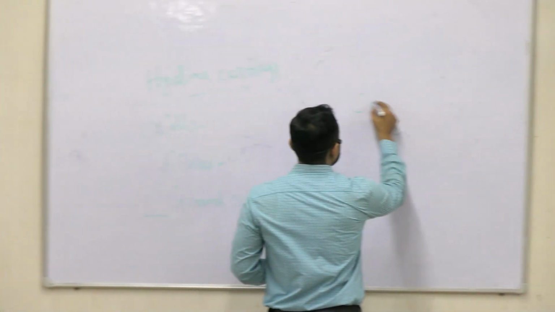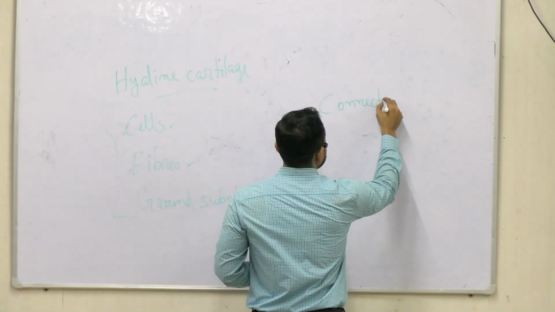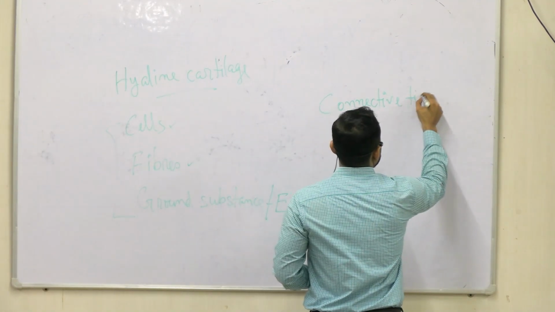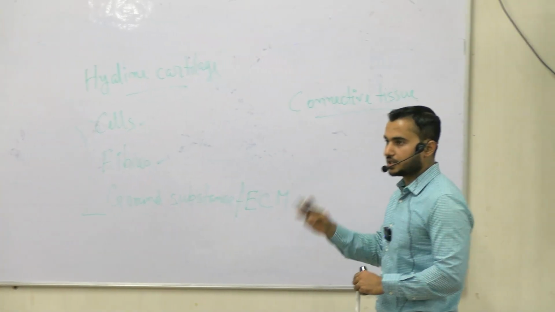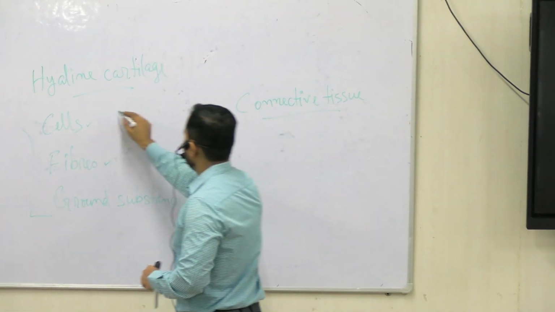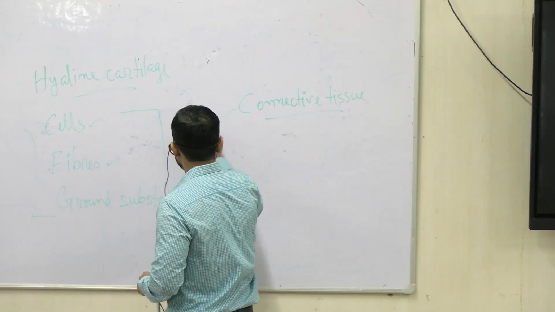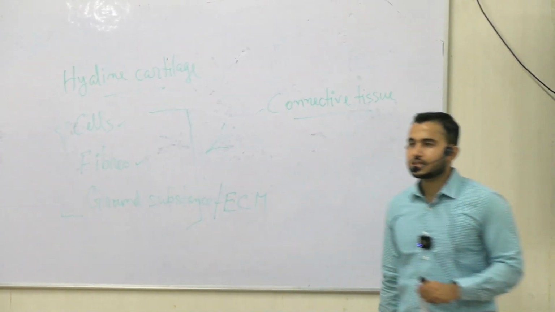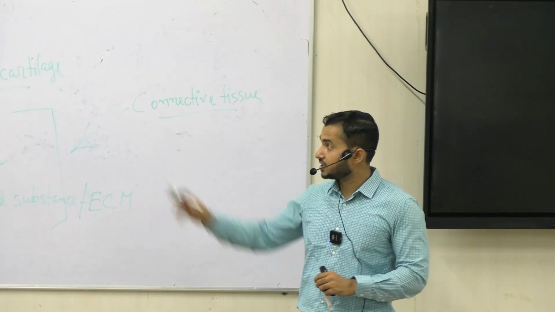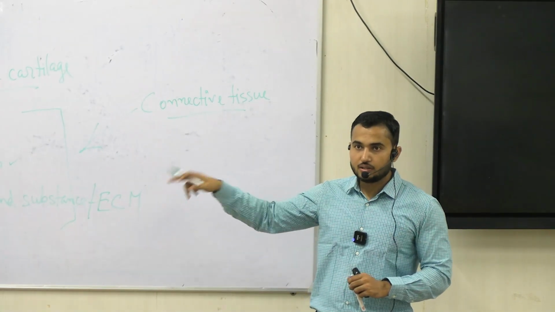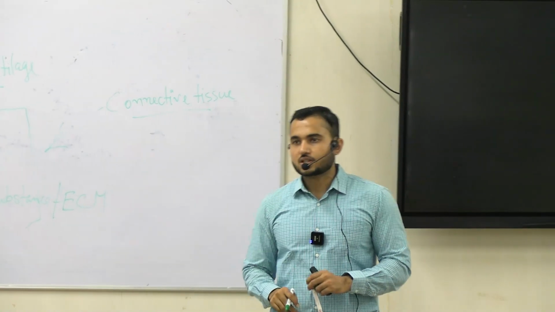So, if you see the connective tissue, it is having three components. These are the three components of connective tissue. If you take any connective tissue, these three things are there. I will come into the classification.